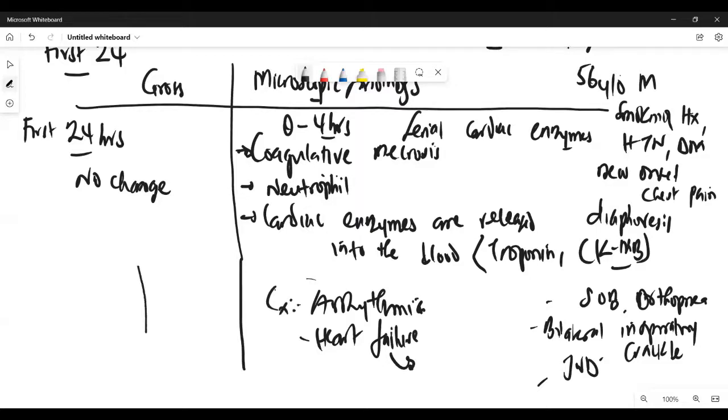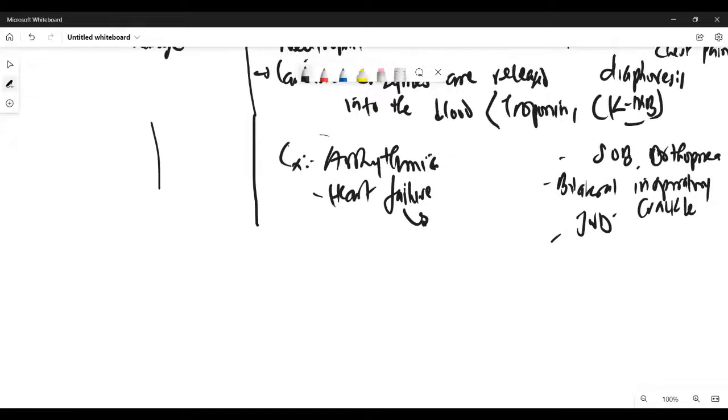And then the last thing that we should also be aware of in this window period is that if this patient does not present on time, especially if they present after 12 hours, these patients are at very high risk for reperfusion injury.